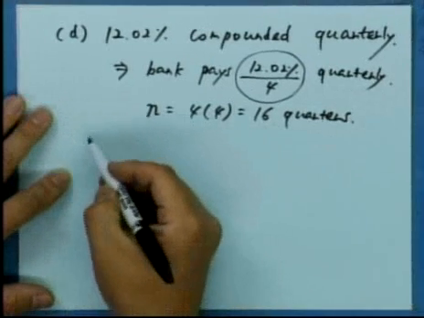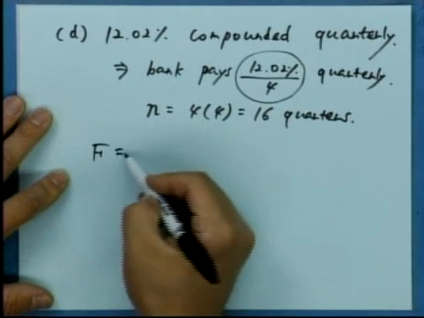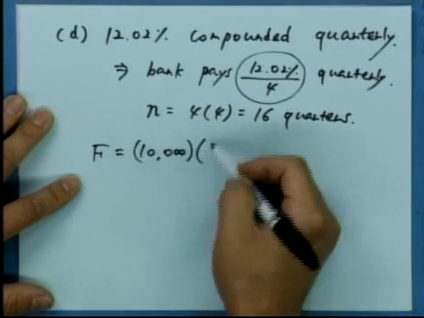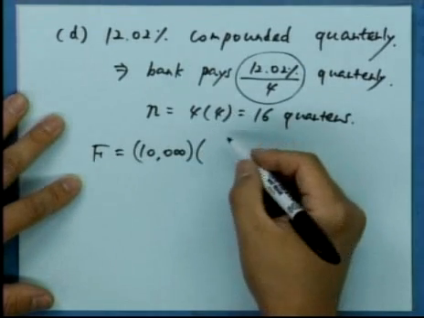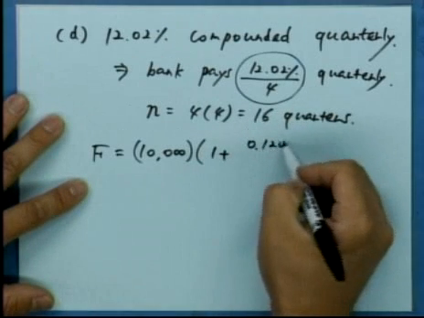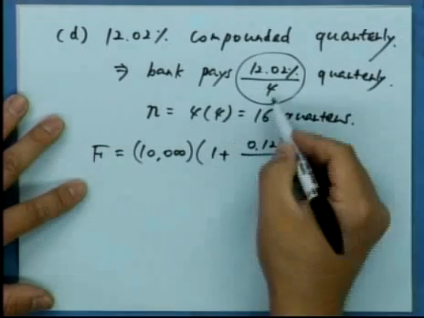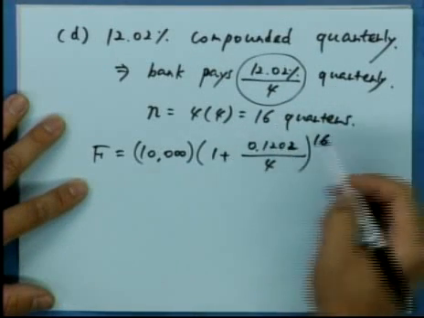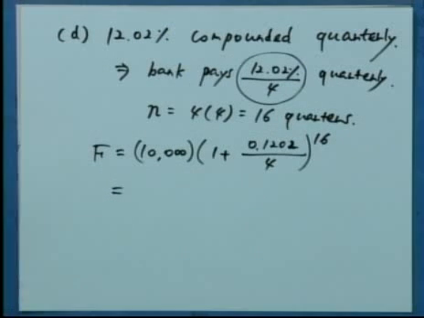Okay? So the future sum of money, F, equals 10,000 times 1 plus 0.1202 divided by 4 to the power 16. So how much is that?